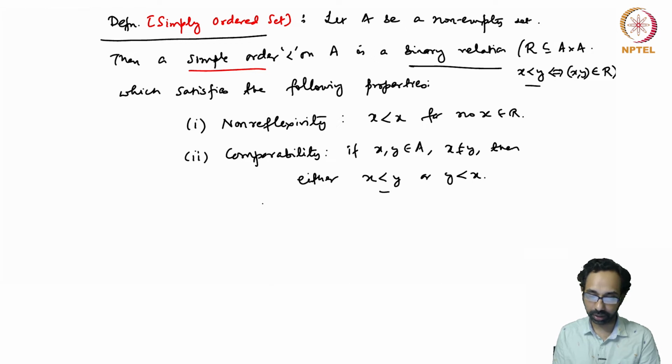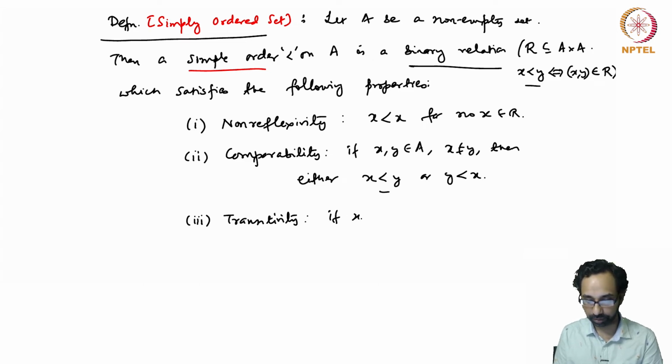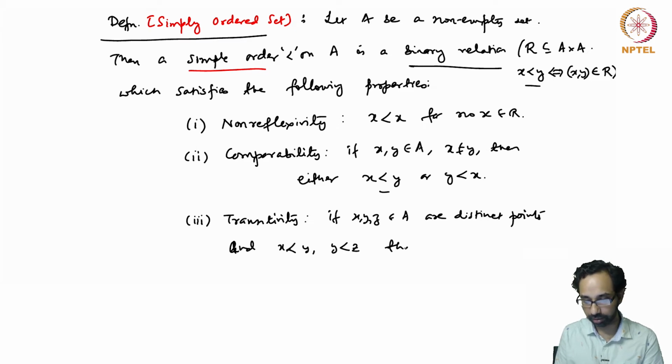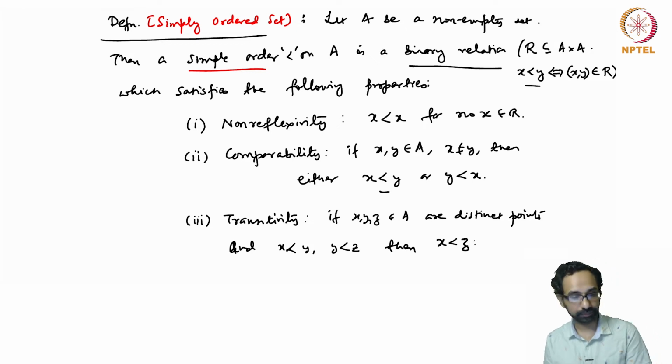So we use this notation for the binary relation, and we have these properties: non-reflexivity, comparability, and then transitivity, which is that if x, y, and z are distinct points and x is less than y, y is less than z, then x is less than z.